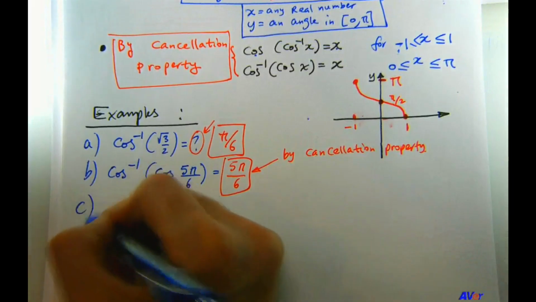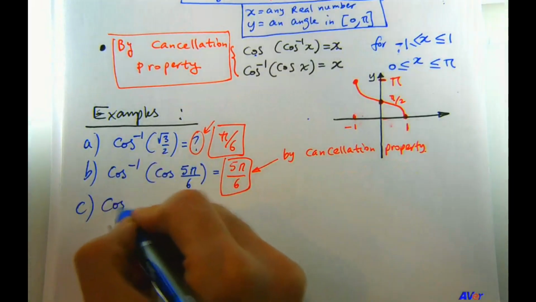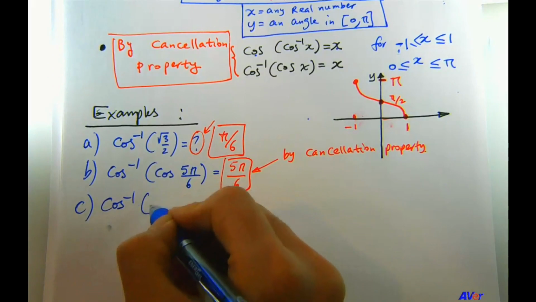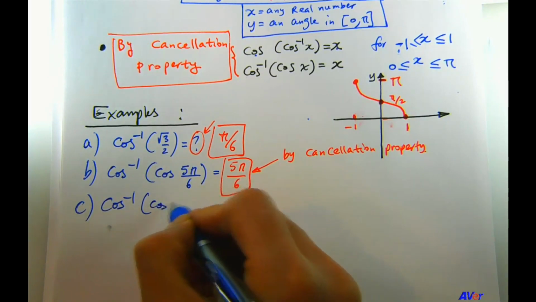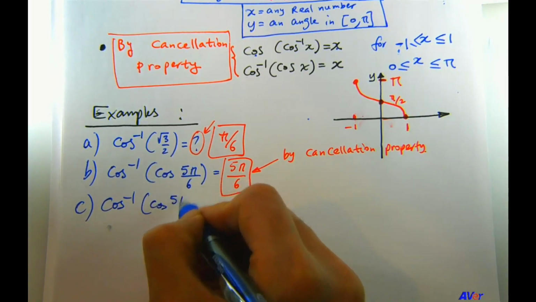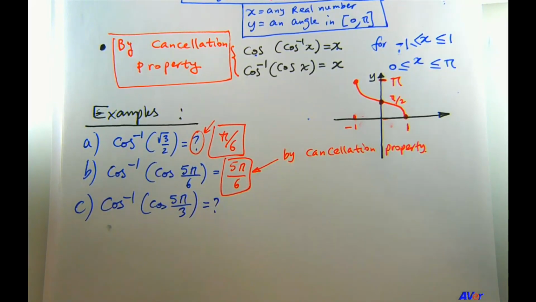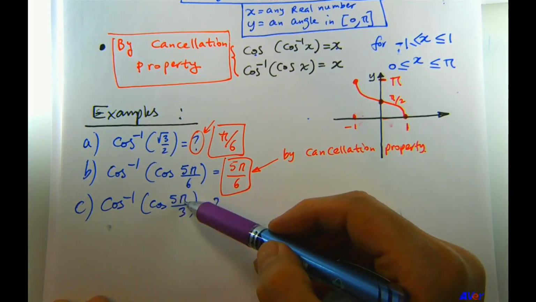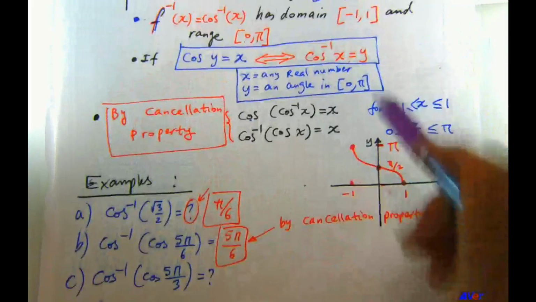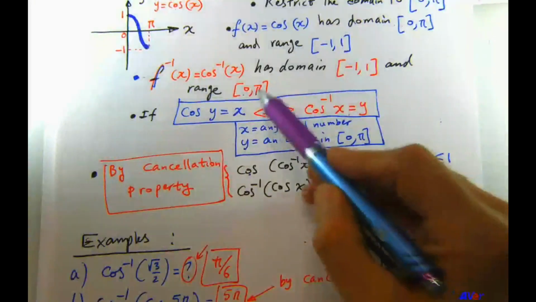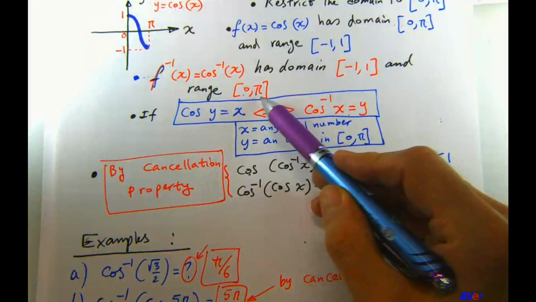Okay, C. We want to find inverse cosine of cosine of 5 pi over 3. That's the question, right? So notice 5 pi over 3 is outside of this range. It's outside of that.